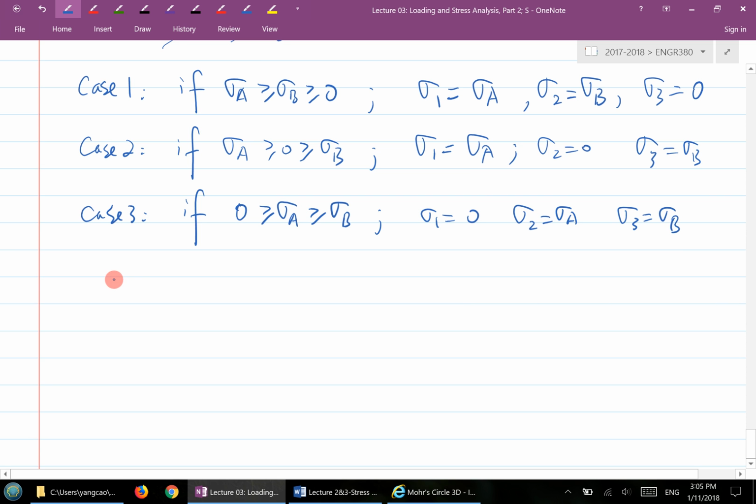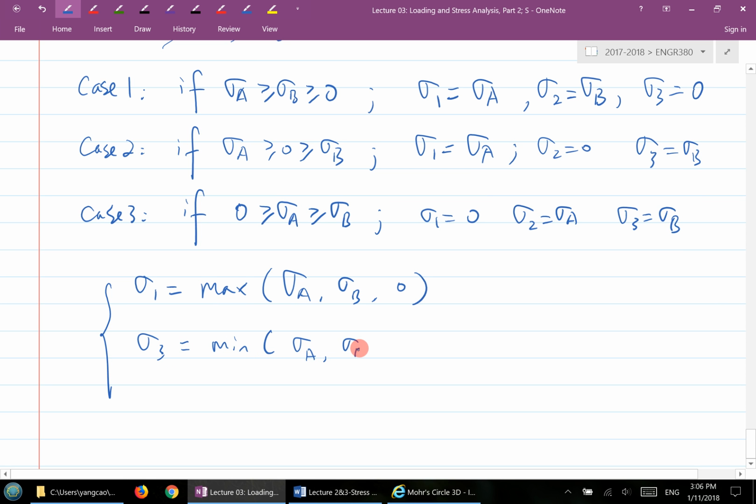Now, if you're doing programming, you can program like this to get your sigma 1. Basically, sigma 1 is the maximum among the 3 quantities, and sigma 3 is the minimum among the 3 quantities.